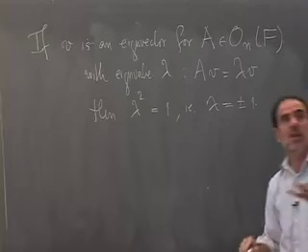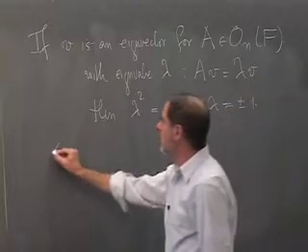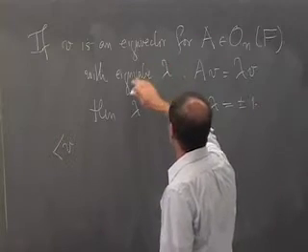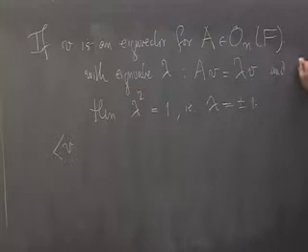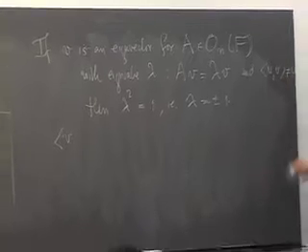So the only possible eigenvalues are plus or minus 1 for an orthogonal transformation. And that's because you use the fact that v is an eigenvector with eigenvalue lambda, and, sorry, I have to say this too, the inner product of v with v is not equal to 0.